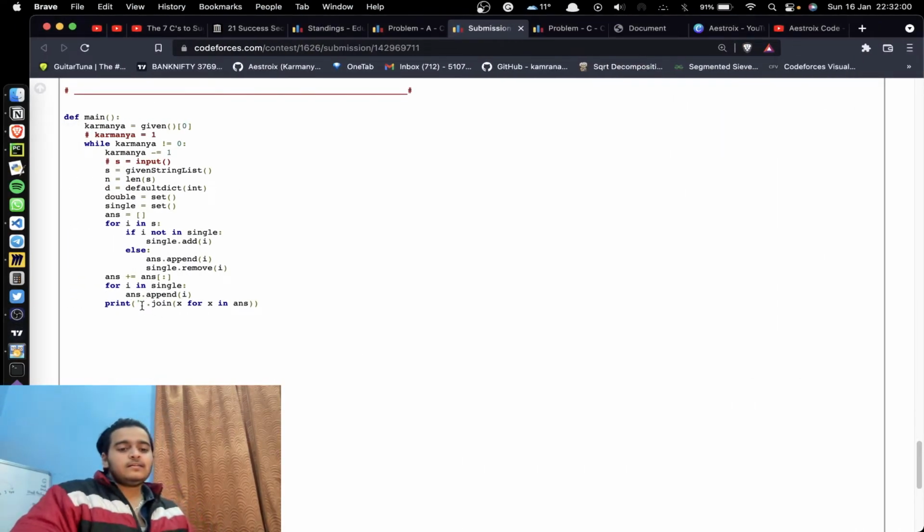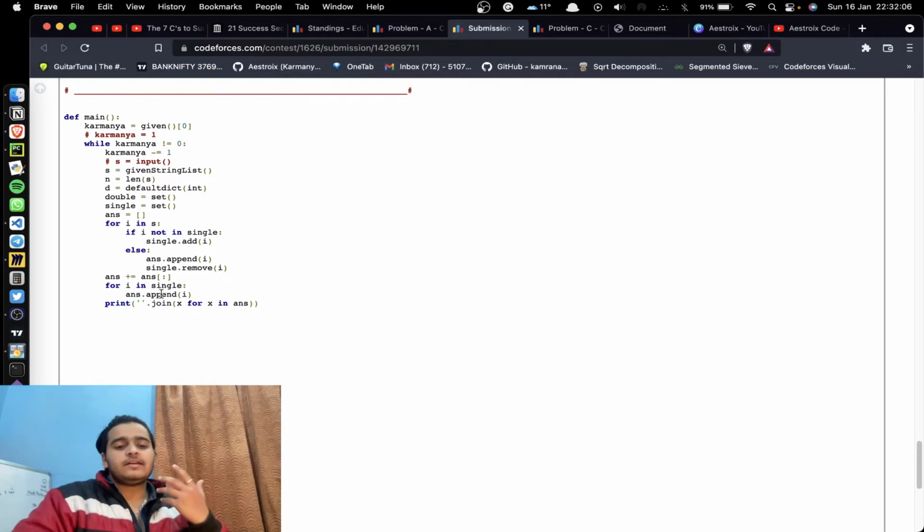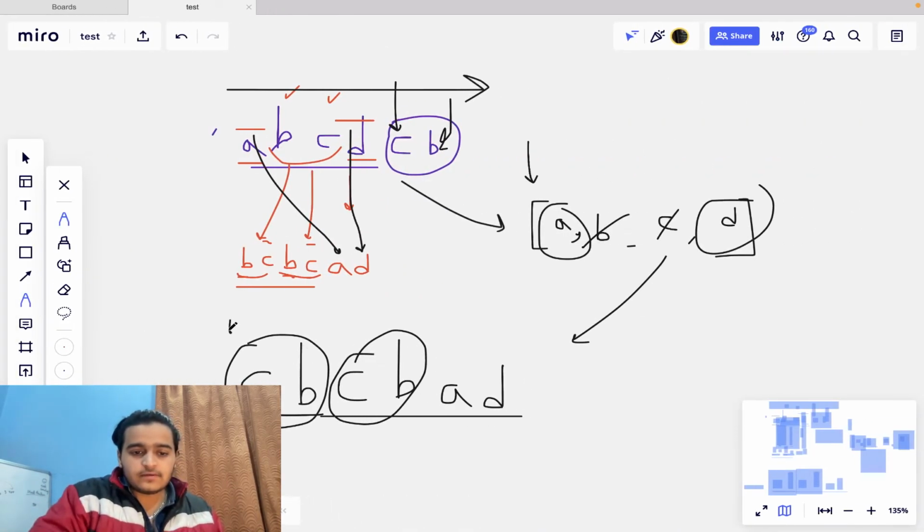And at the end, for every element in the single set I append that element to the answer, and after that I print the whole array joined by an empty string. That is, the whole thing is converted to a string and every element is joined together.